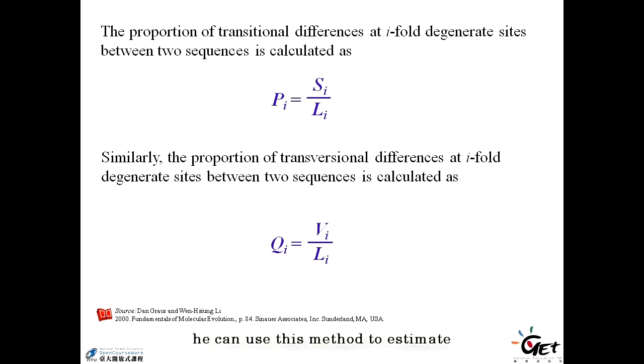Simply, he can use this method to estimate the proportion of transitions at this type of site, whether the site is 0, 2, or 4-fold degenerate. This is how he tried to simplify the way we estimate synonymous and non-synonymous changes.